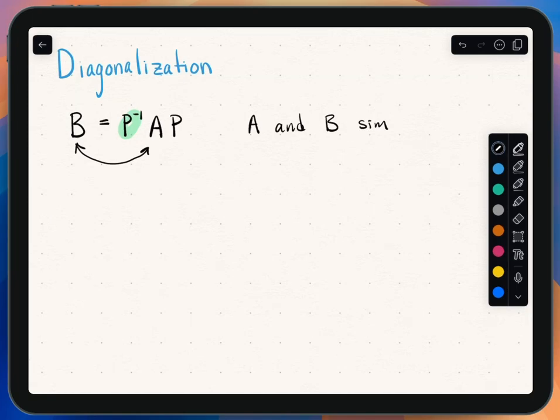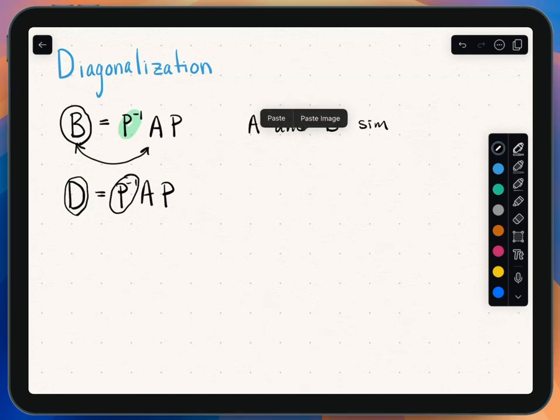We can extend that and say that A is diagonalizable if and only if it is similar to a diagonal matrix, i.e., instead of just having any matrix B, we say that the matrix on the left-hand side, D, must be equal to P inverse times A times P. We can find this linking matrix P, and link it in such a way that we get a diagonal matrix on the left.